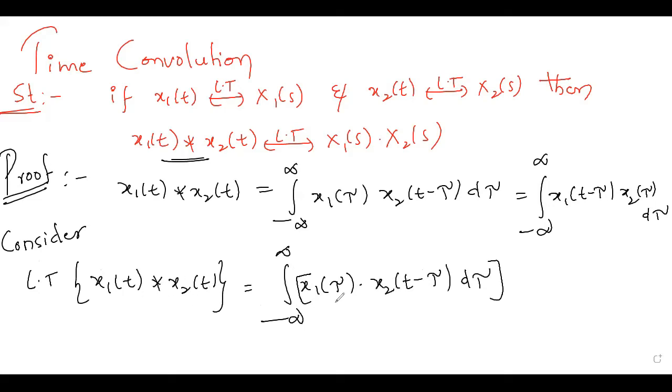For the Laplace transform, this is signal multiplied with kernel. In place of the signal x1 of t convolution x2 of t, directly I have written the definition. This is the same as the Fourier transform convolution property proof.